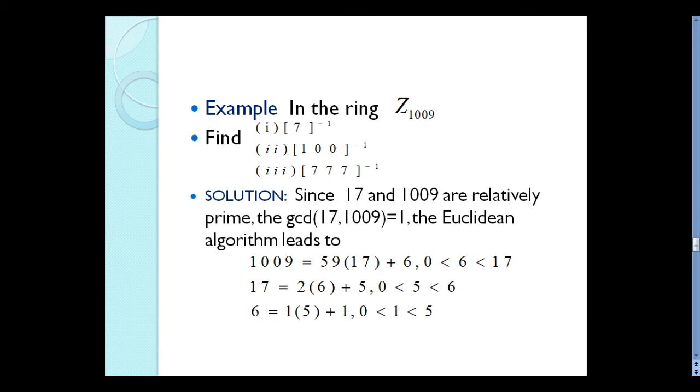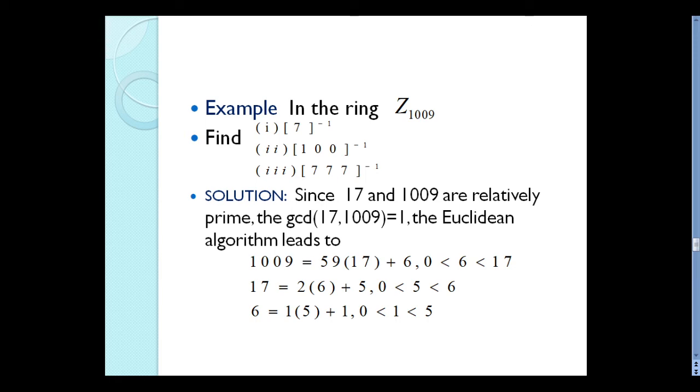So we find out the GCD first. GCD of these two elements must be 1. So by using the Euclidean algorithm, we can write this one. 1009 is equal to 59 into 17, a multiple of 17 we should write. So 1009 can be divided by 17.